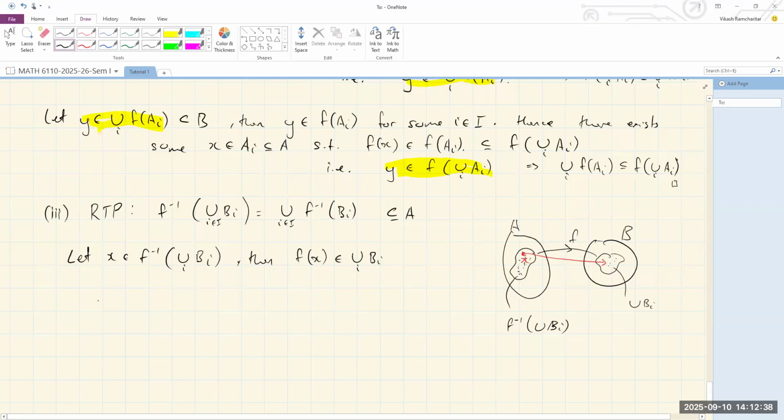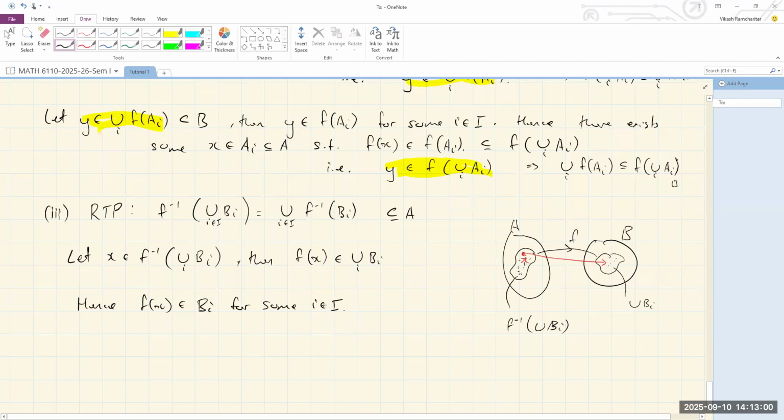If f of x belongs to this union, that implies, hence, f of x belongs to B_i for some i.